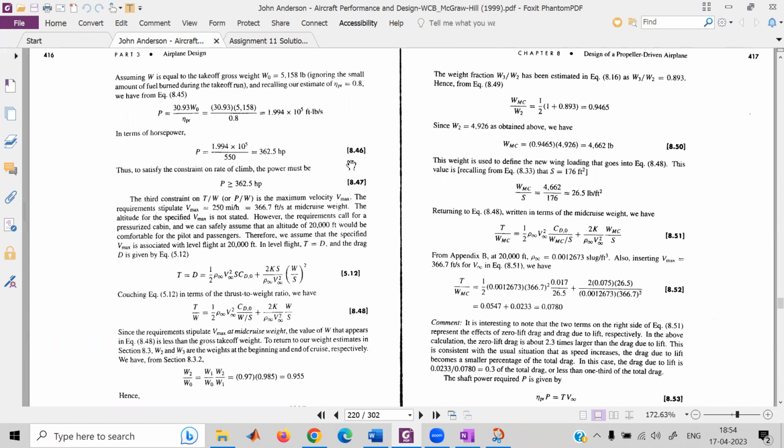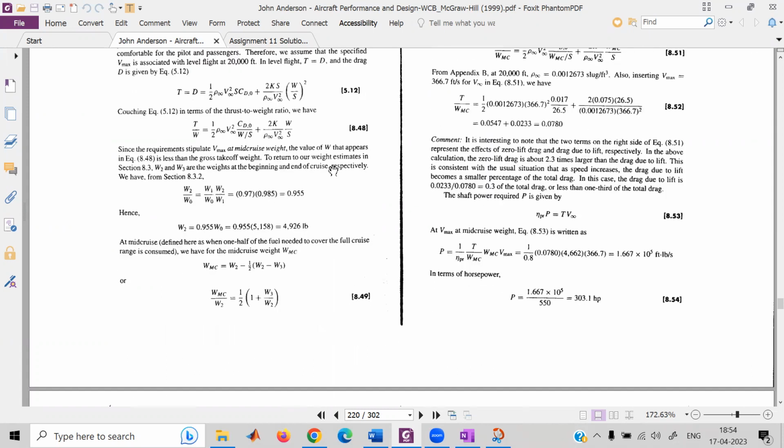You can always refer to the book. The philosophy is that the constraint on power comes from three different things. And as a designer, you have to look at all requirements and convince yourself that this is the power I'm going with because it is maximum.